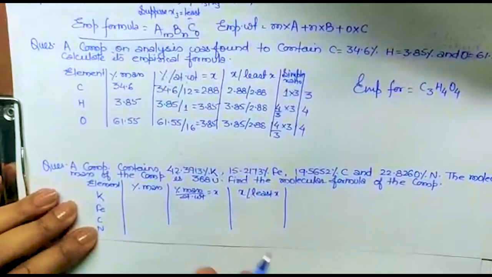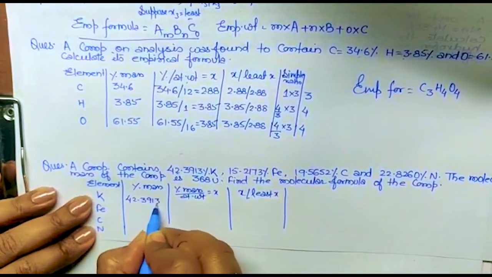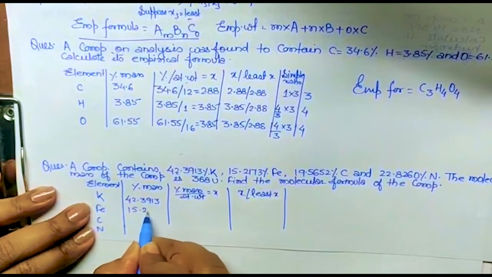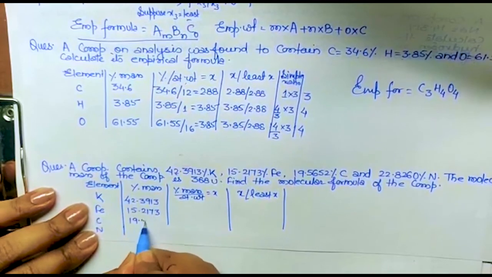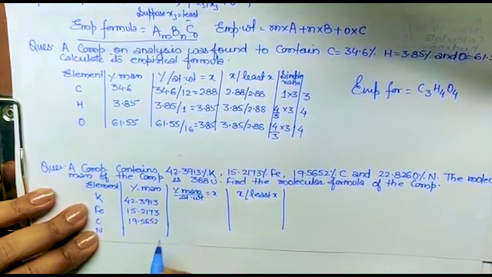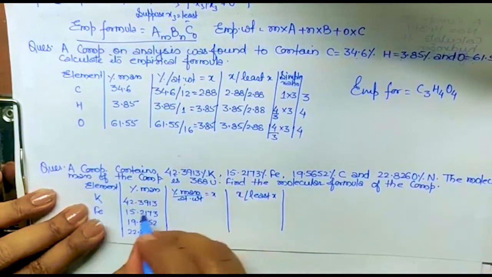So what is the percentage of K? Percentage of K is 42.3913. This is 15.2173. This is 19.5652. And this one is 22.8260.